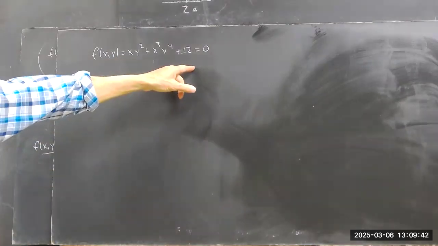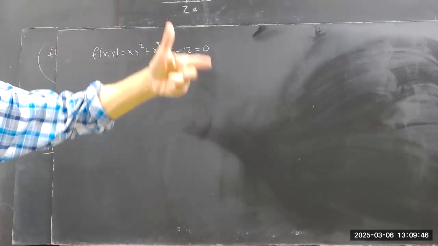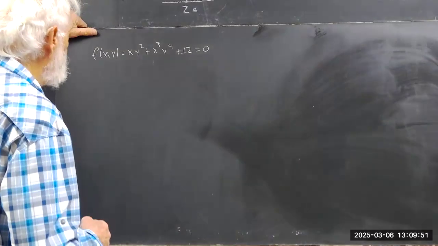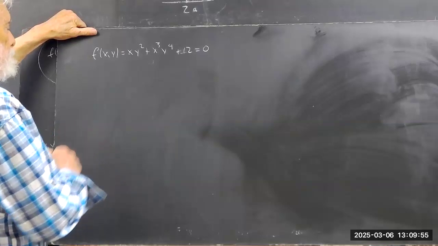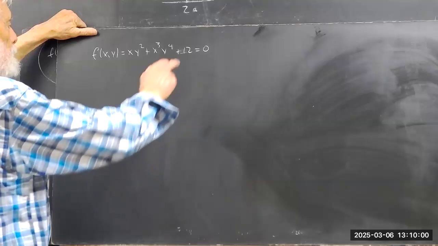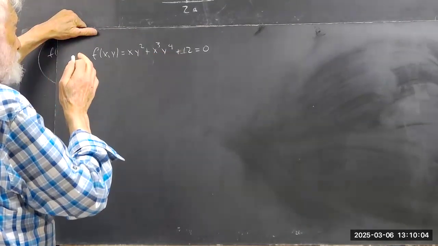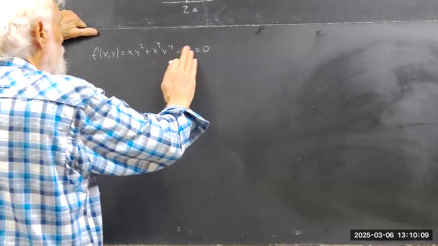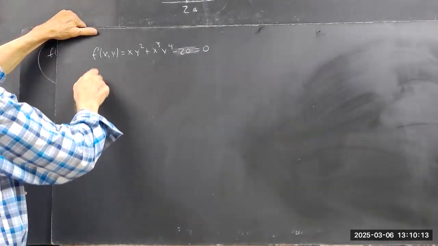This then gives you a curve. Might be a pretty complicated curve. Okay, we don't even want to try to draw it. I'm going to put a different number here in a minute.